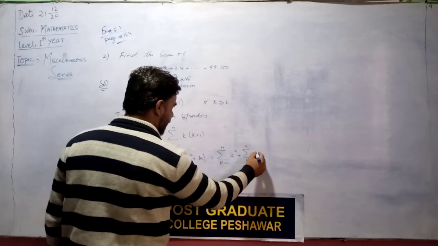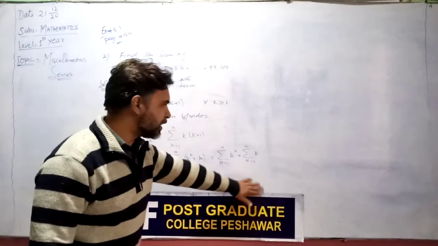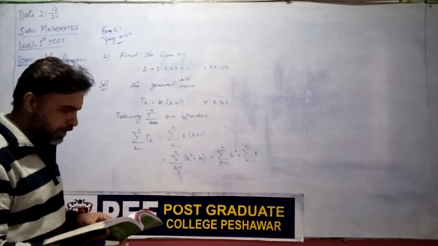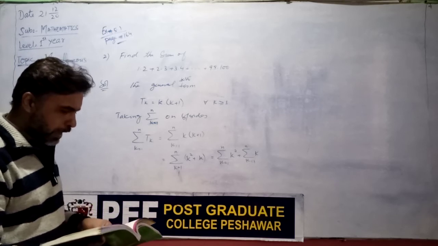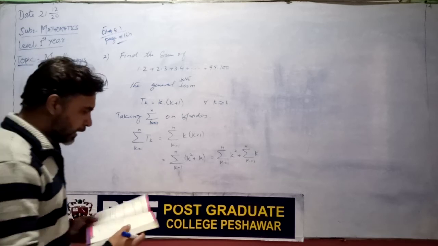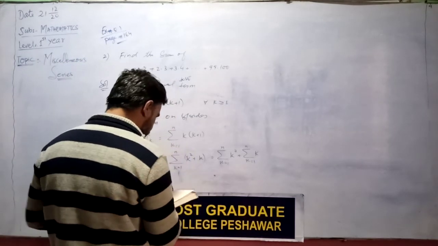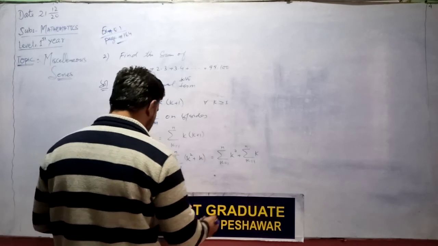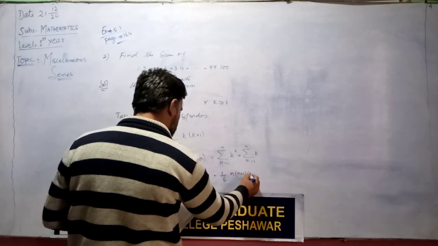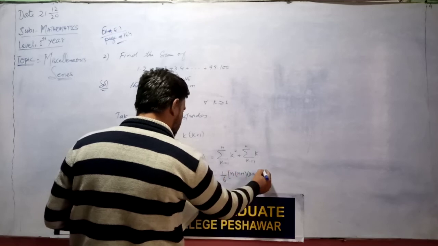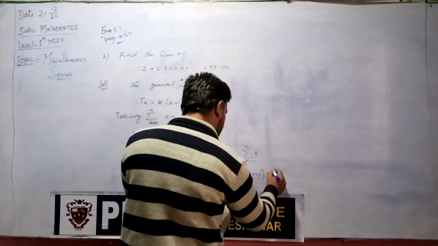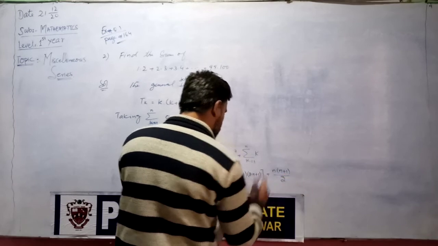So dear students, here you just need the formula for the sum of the squares of the first n natural numbers and the formula for the sum of the first n natural numbers. You already know that the first formula is 1 by 6 n into n plus 1 into 2n plus 1, and the second is n into n plus 1 divided by 2.